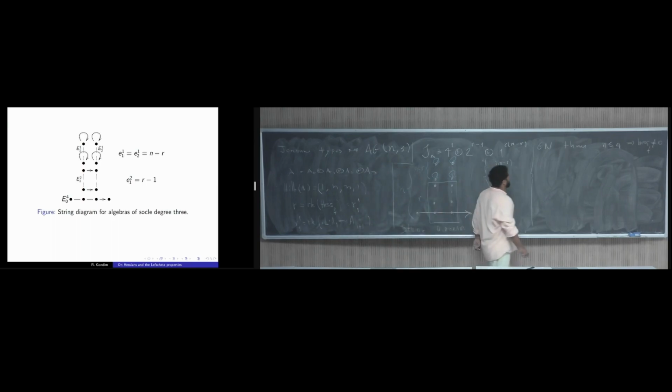So for n less than or equal to 4, the only possible Jordan type is without these parts. So it's 4, 1 plus 2 to the n minus 1.